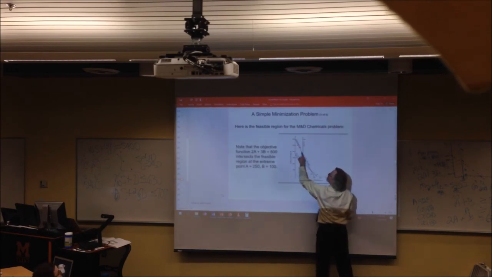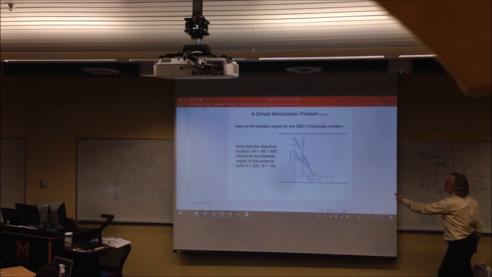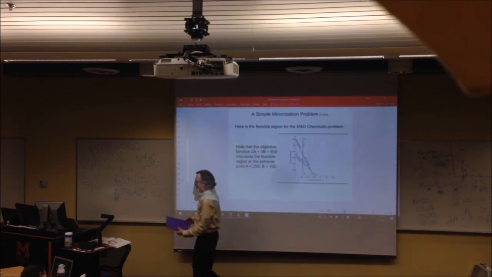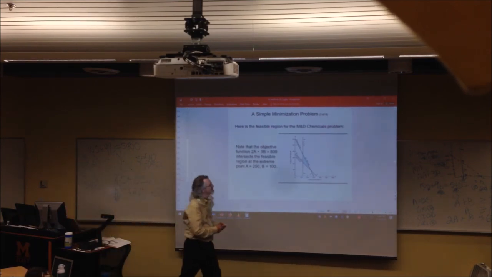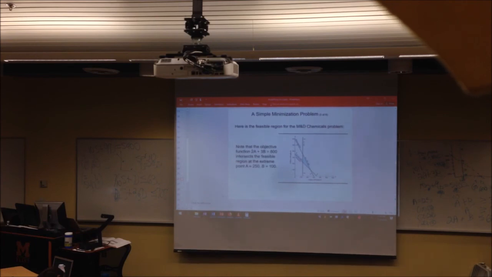This one is the processing time, that 600 one, right here. And this other line is the 350 one. What are these two constraints called? Binding constraints.